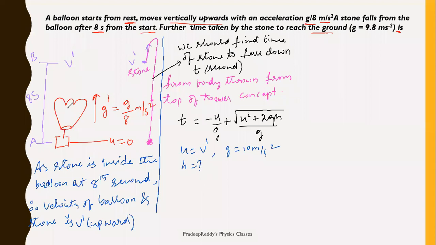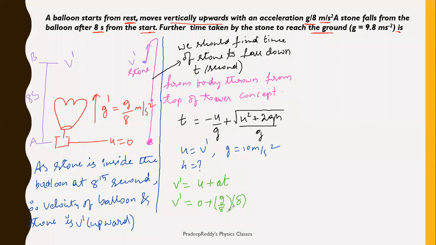Now in order to find v dash, I will use the equation of motion, that I'll write like this: v dash is equal to u plus at. Right? Now v dash is equal to, what is u? 0 plus, what is the acceleration of the balloon? It is g by 8, into time taken, how much is it? 8 seconds.